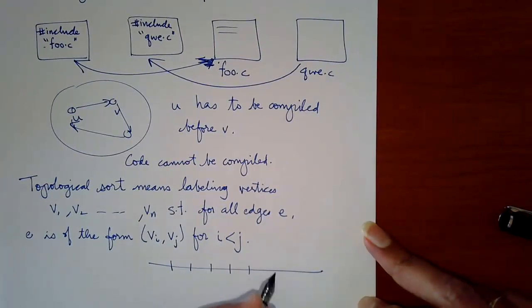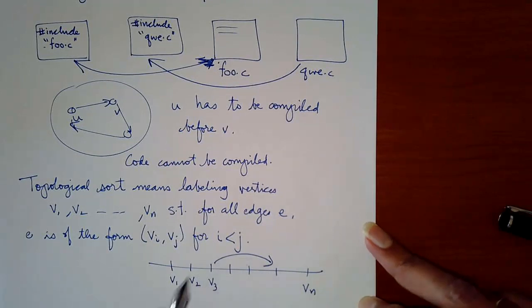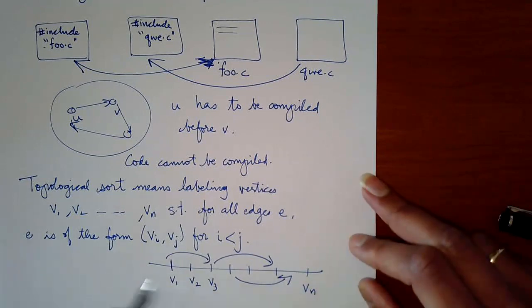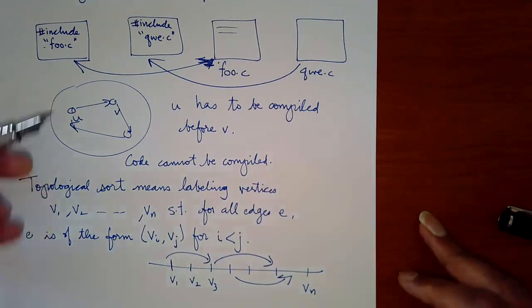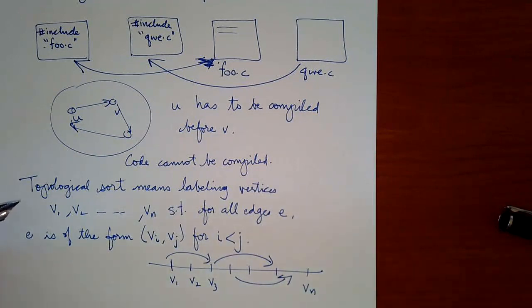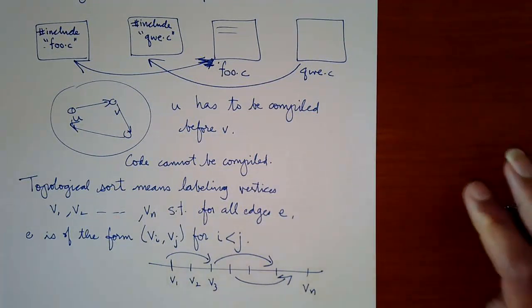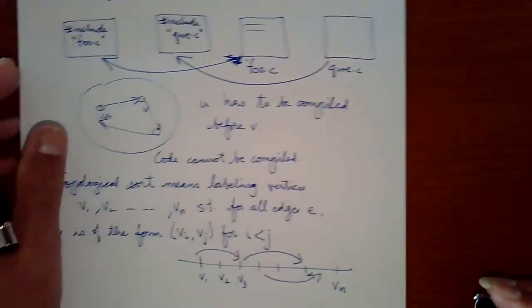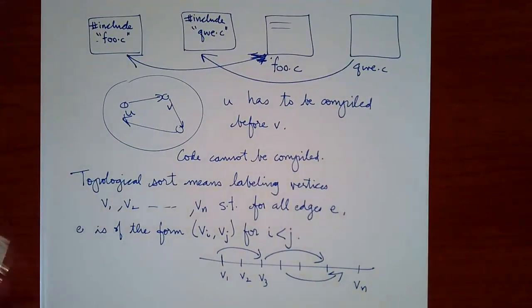You're writing out all the vertices so that all the edges go from earlier to later. This is called a topological sort, or sorting the vertices topologically, and you can only do this in a DAG. Topological sort is an important graph problem that comes up when you're doing graph analyses. And indeed, DFS gives you a way of topologically sorting and of determining if a graph is a DAG.